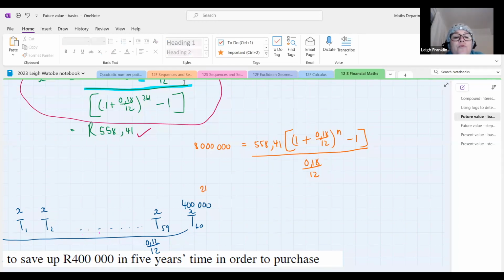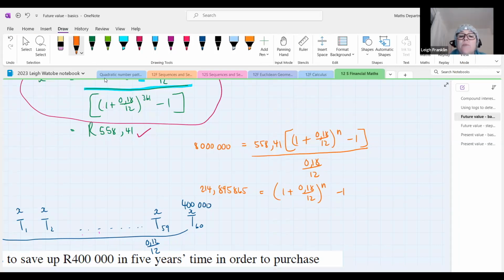We end up with 214,895,865 equals 1 plus 0,18 over 12 to the n minus 1. So now we need to transpose that minus 1 and take it over to the other side. So this would give us 215,895,865.